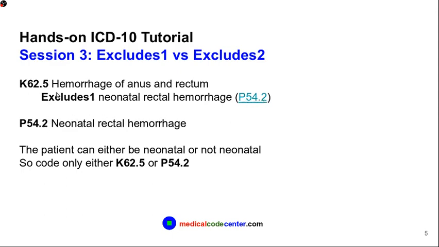Because this code has Excludes1 with the neonatal rectal hemorrhage code, we can only code either K62.5 or P54.2. That makes sense because the patient can either be neonatal or not neonatal. So we can just use one code.